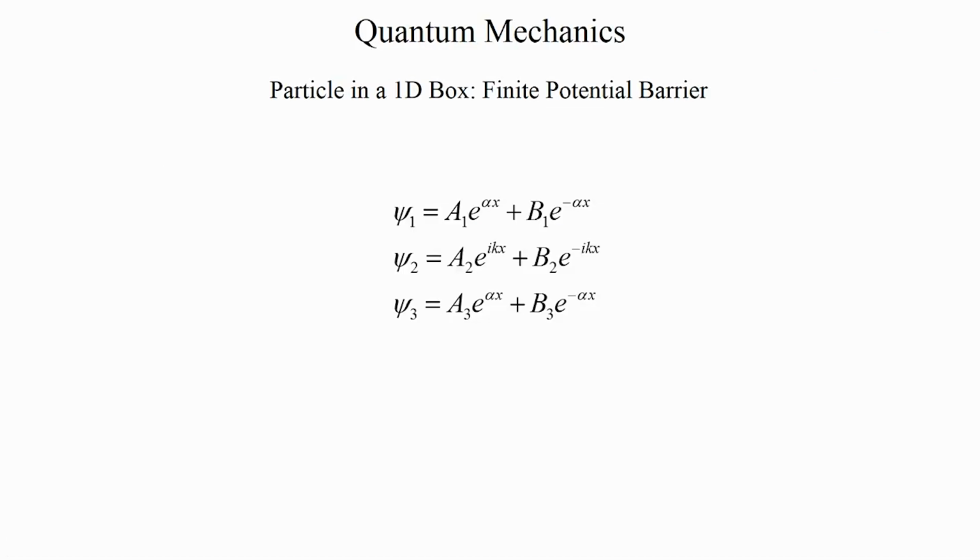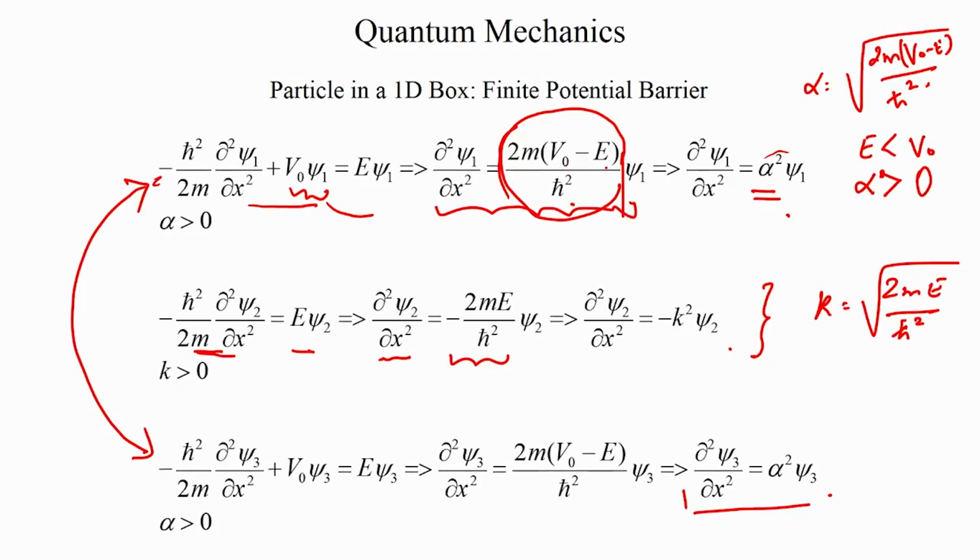So, since I have Schrodinger's equation in that particular manner, I can write an expected solution for the wave function. As I mentioned, in this region the right hand side term is positive, and we need to guess a solution for say psi 1, so that when you take the second derivative you end up with a form that has psi 1 in it, and it also has a positive term.